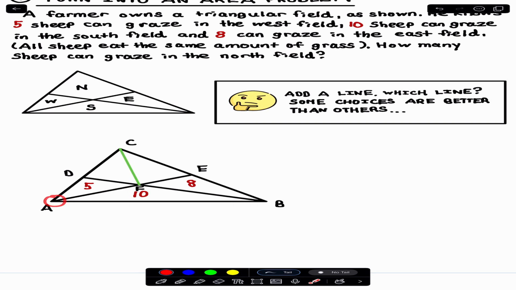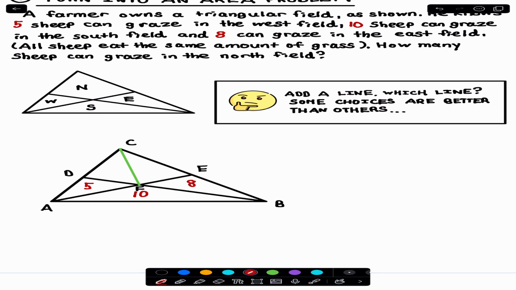So we can see there's a line coming from A that goes to F. There's a line that comes from B that goes to F. So it would be pretty nice if there was a line coming from C to F. And now we have a few triangles. We got one here, another here, here, here, and here.